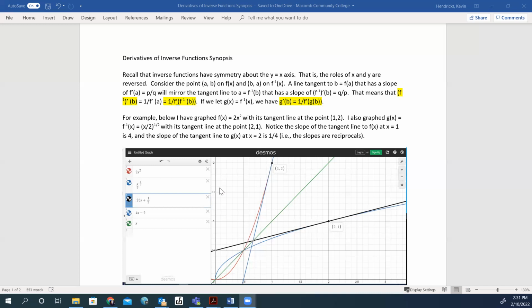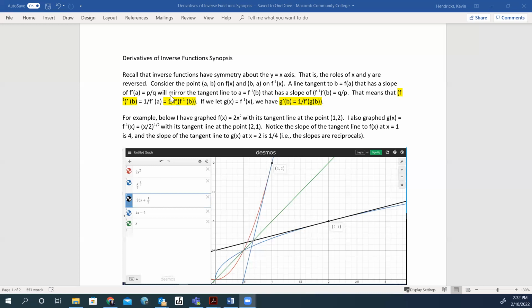And that's what I've shown here, where f of x is 2x squared. That's this red curve. The inverse function, square root of x over 2, is this blue curve. And I've got the tangent lines to both. They have reciprocal slopes. Everything is mirrored about y equals x. Okay?